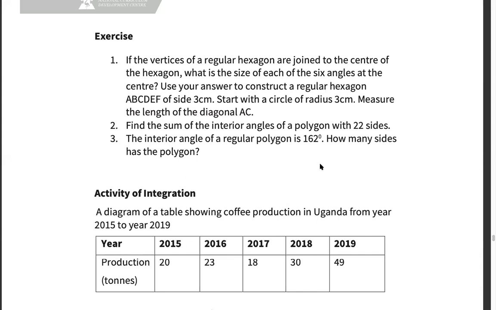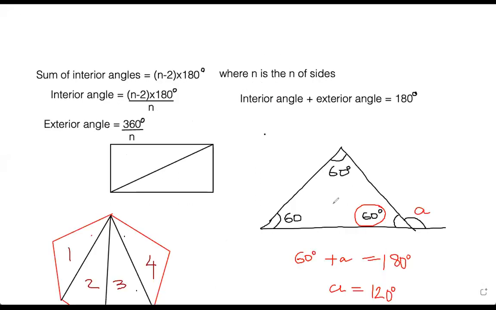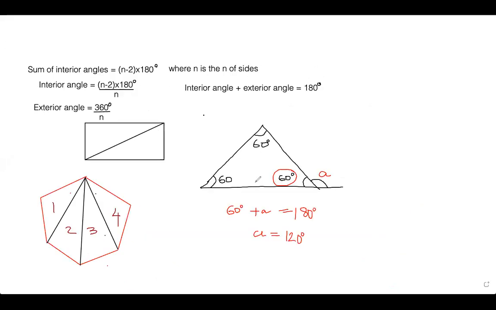Charity wants us to try out at least with 2 polygons, the formula for interior angles.